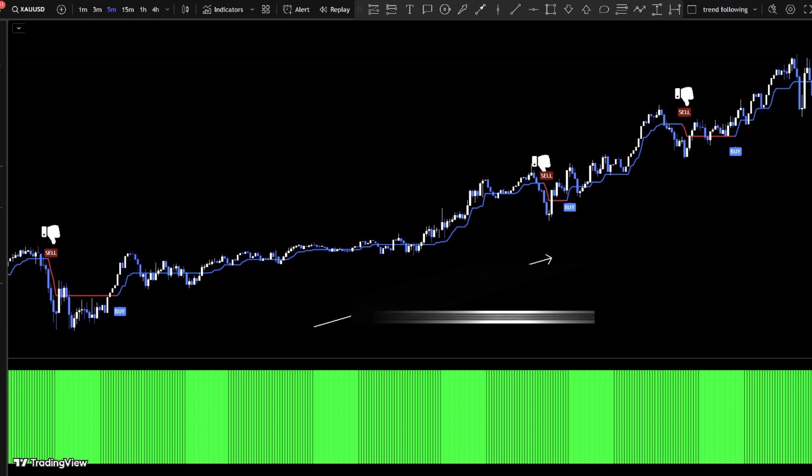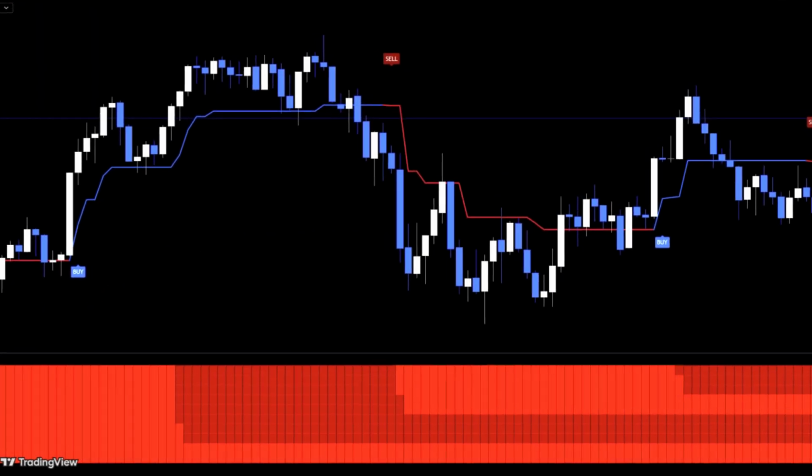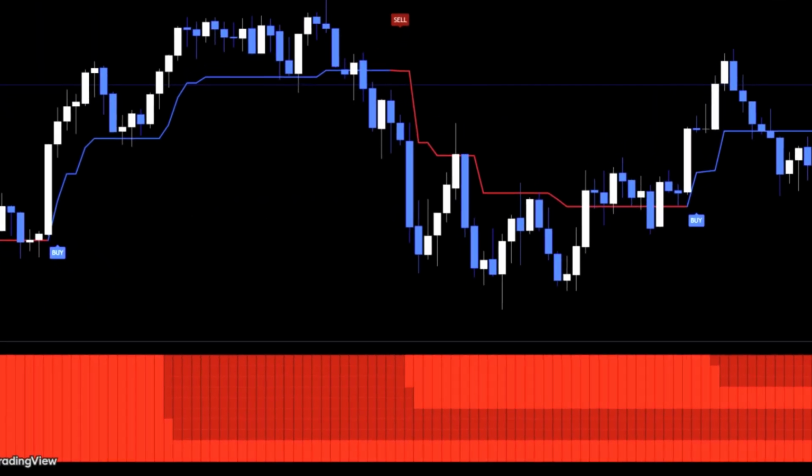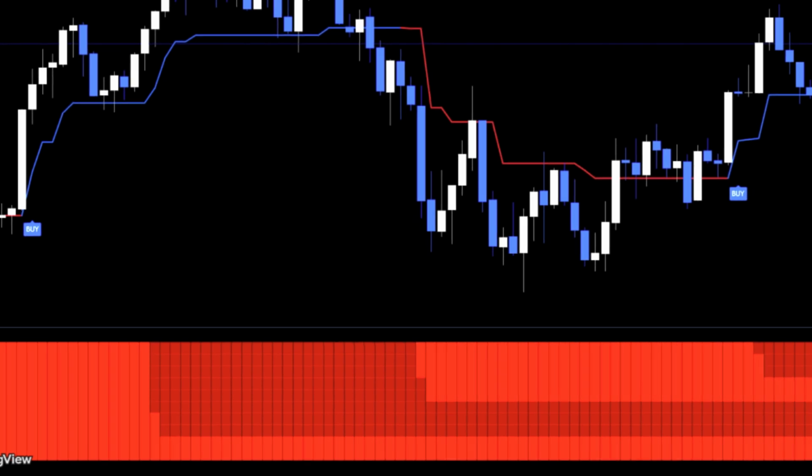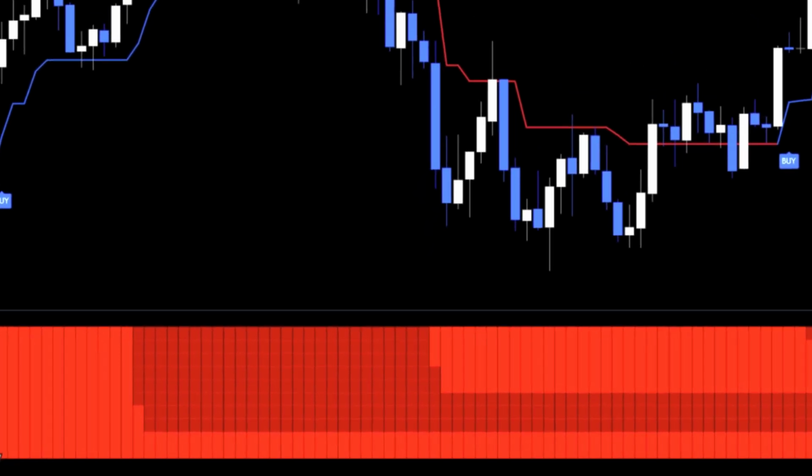And we should ignore any sell signals. On the flip side, when the ribbon is red, it shows bearish momentum. So sell signals from the follow line are valid and we ignore the buy signals.